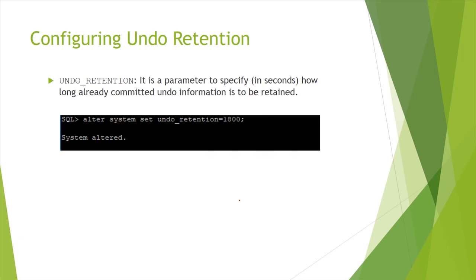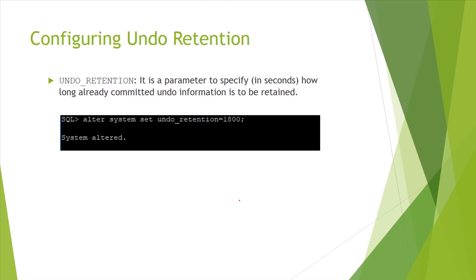Configuring undo retention. The undo_retention is a parameter to specify for how long already committed undo information is to be retained. By default, it is 900 seconds or 15 minutes.